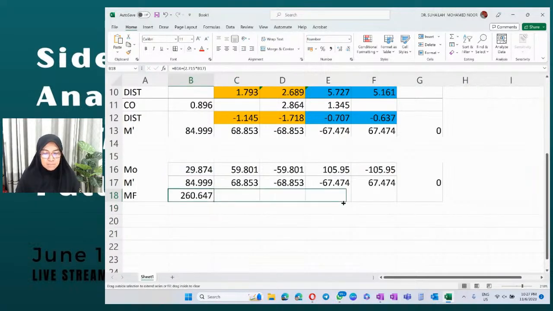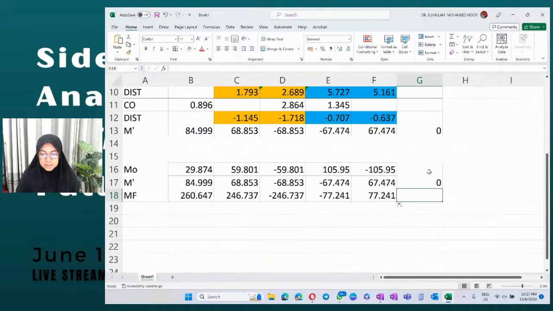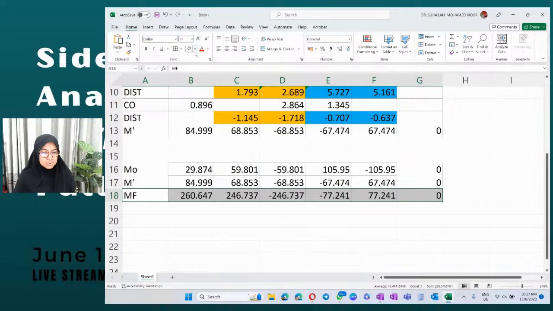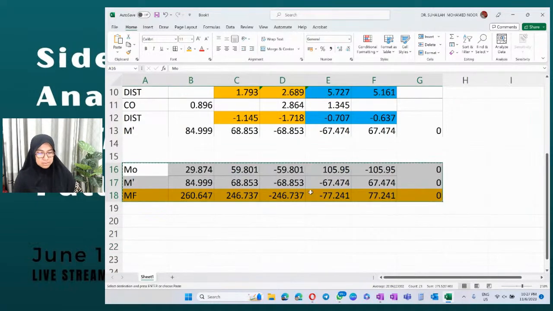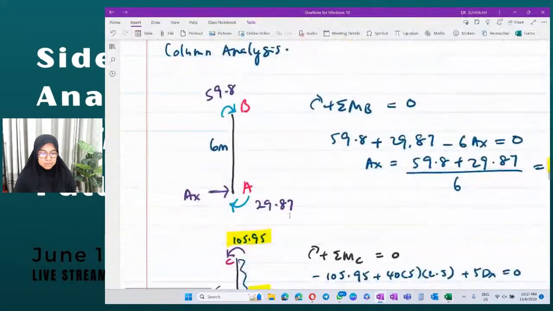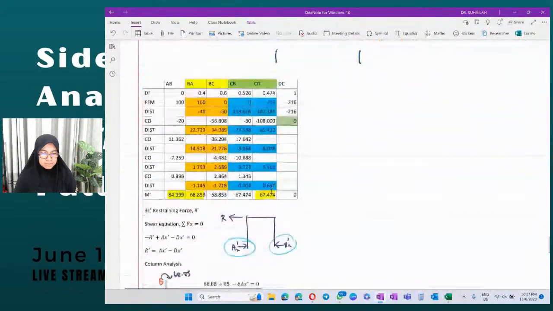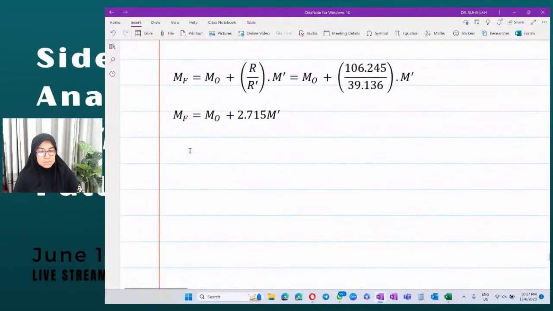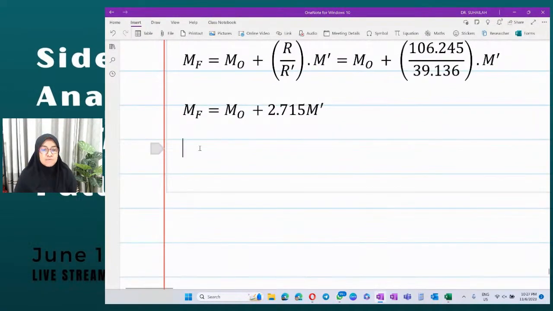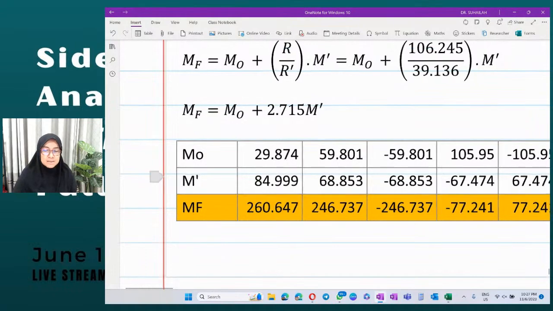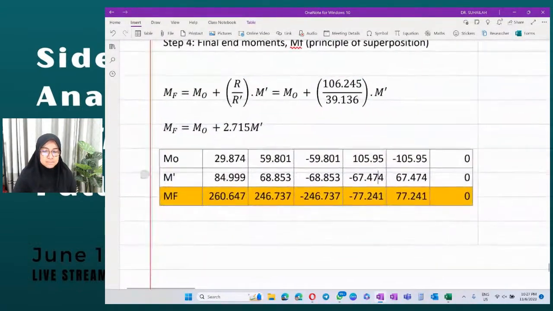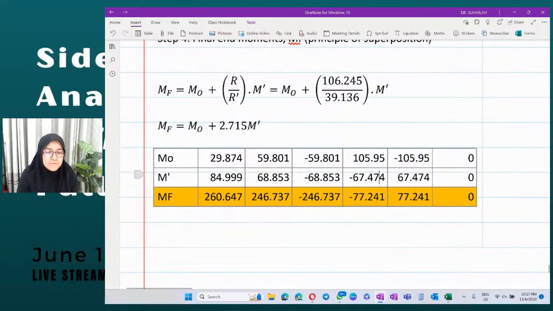So this is the moment. So this is actually the answer. Using this formula, the final end moment for AB is 260.647.